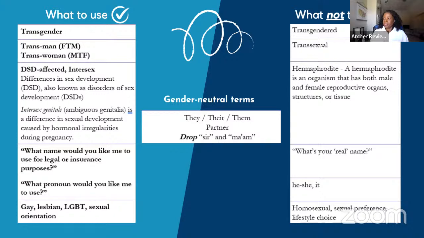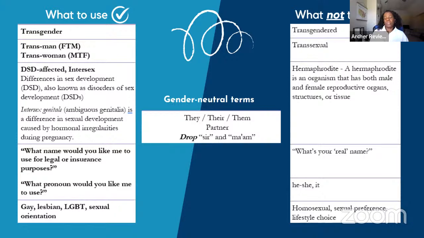Also, like I said, I would address someone like, what name would you like for me to use for legal or insurance purposes? For example, I had a patient before that was a female. Her name was Chloe, and over a few years down the line, she transitioned from female to male, so she was a trans man, and she wanted to be called Clyde.